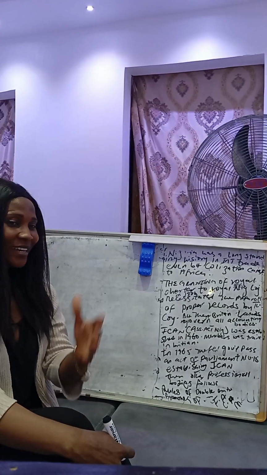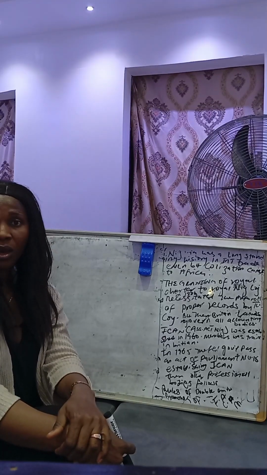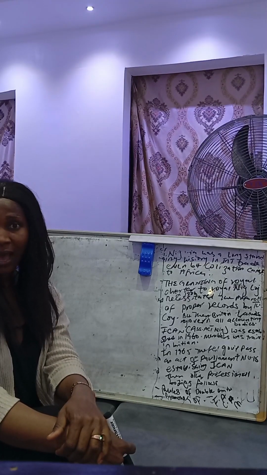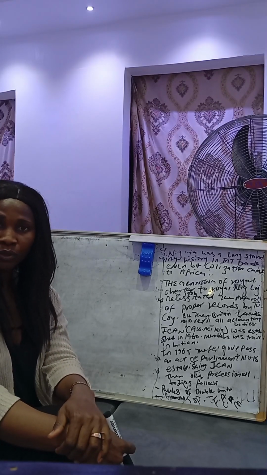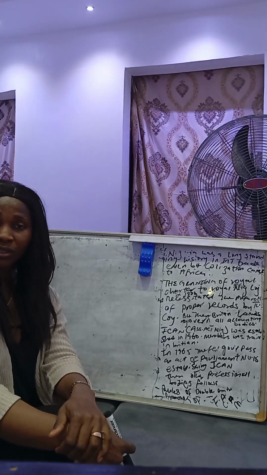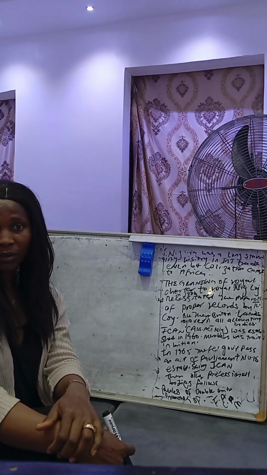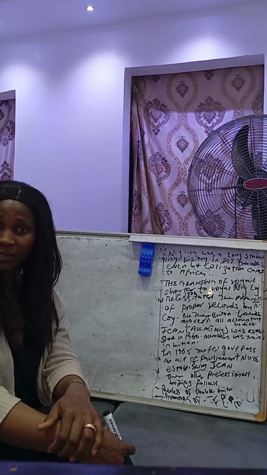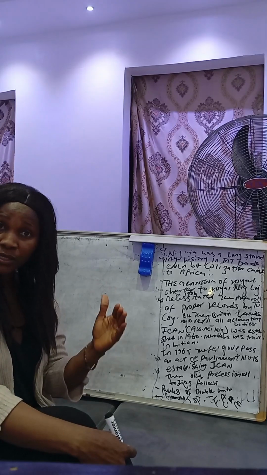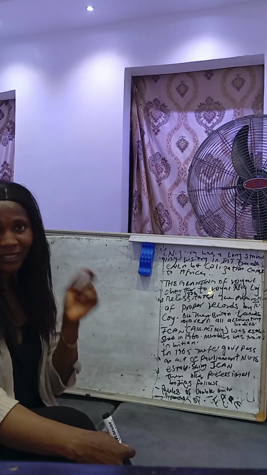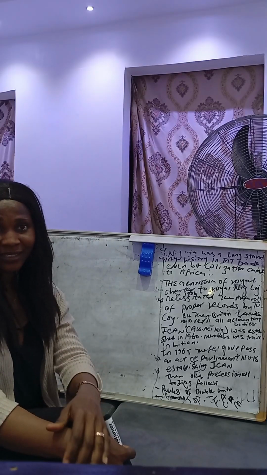And now, at this point, we know what accounting is. What is an account? What is bookkeeping? We know who is an accountant. We know the difference between accounting and bookkeeping. We know the users of financial statements at this point. Yes, we know our two rules: debit the receiver and credit the giver.